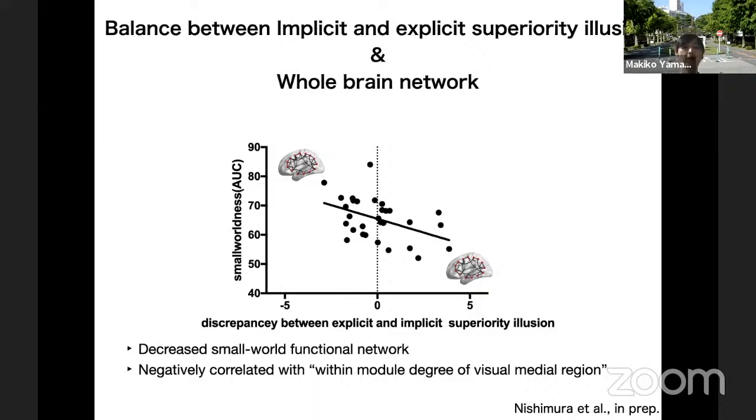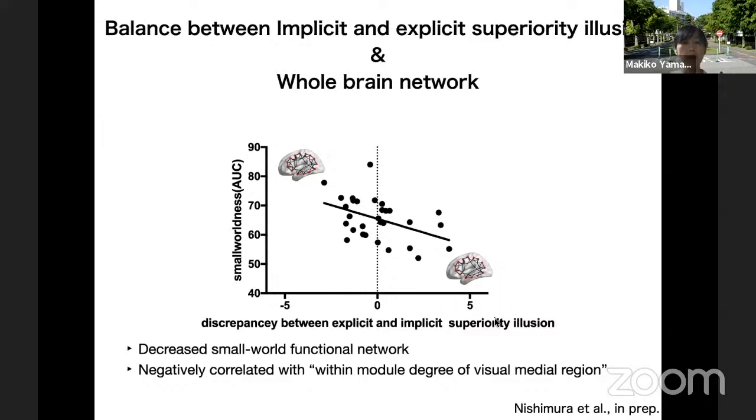And we calculated the discrepancy between explicit superiority illusion and implicit self-esteem, on the horizontal axis. A larger number indicates higher implicit self-esteem compared to explicit superiority illusion.